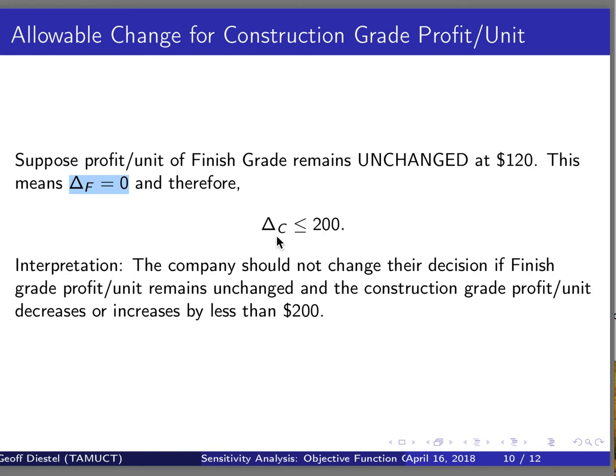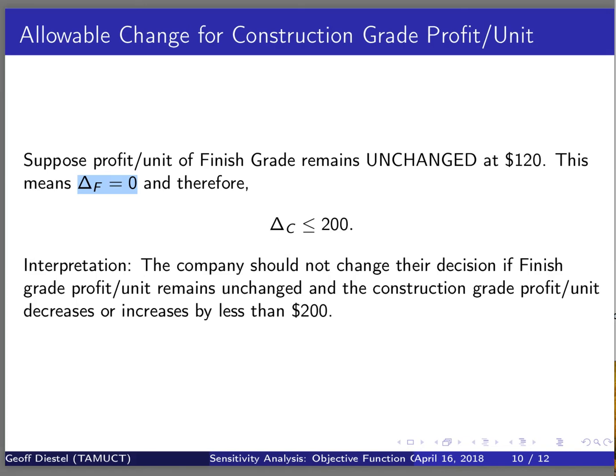So it seems that small or reasonable changes in the market, and how the profitability of construction grade lumber might change in the next few weeks or few months, are probably not going to change that much. Therefore, we say the model is not sensitive to changes in the construction grade lumber.